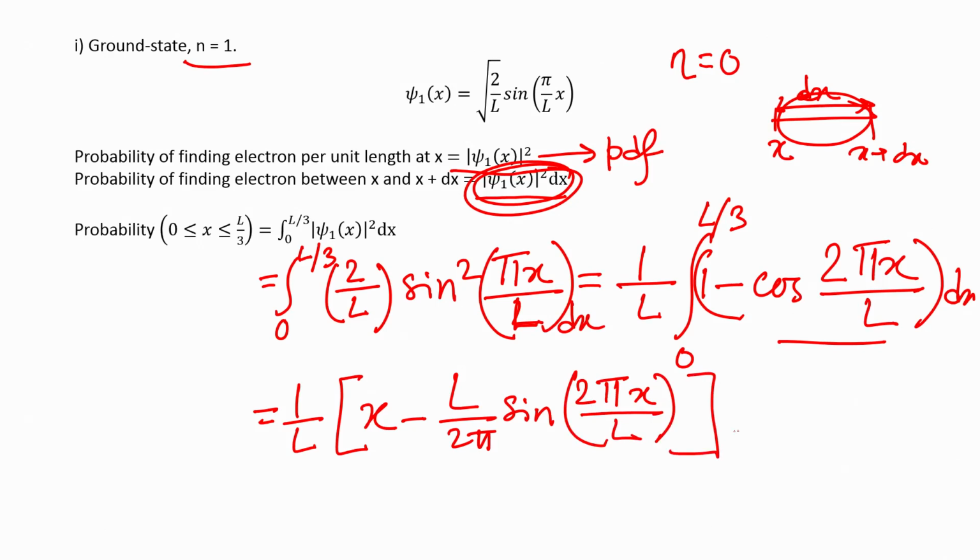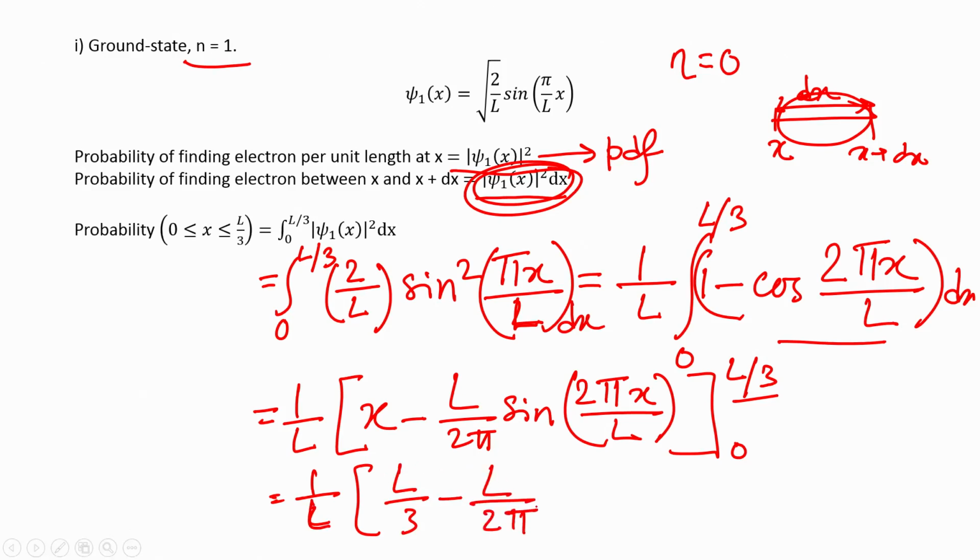So, your limit, you have to put the limit from 0 to L by 3. Now just look into this expression, if you put 0, both of these two terms will be 0. So you have to put L by 3, and the upper limit will give you some value: L by 3 minus L by 2 pi sine 2 pi by 3.